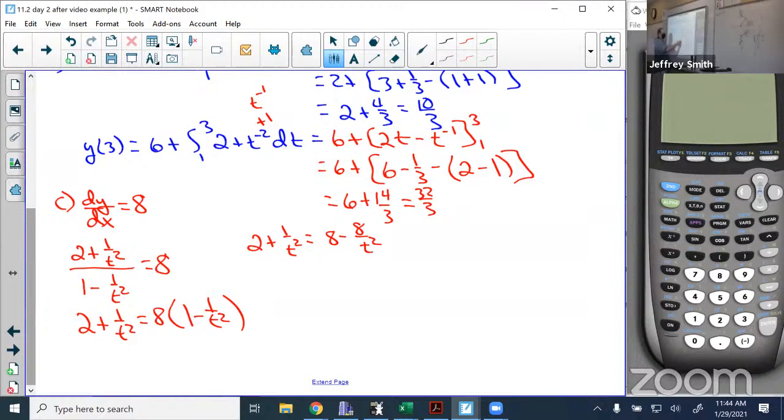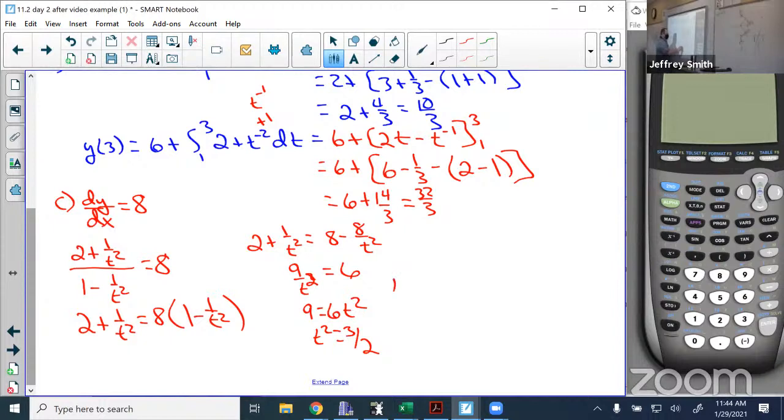If I add the 8 over, that's 9 over t squared, equals 6, right? Minus the 2 over. 9 equals 6t squared. T squared is 3/2, so we divide by 6.